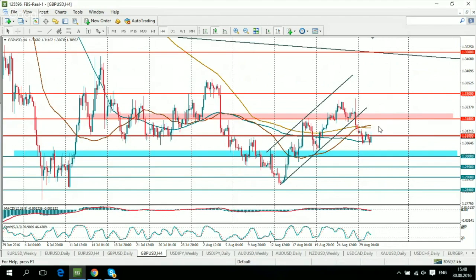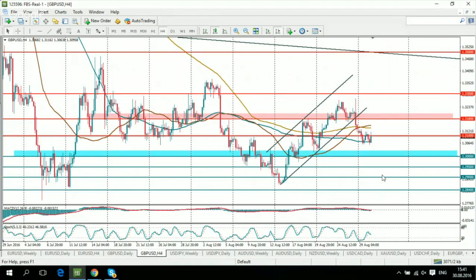So look for an increase to 1.3180 to build new short positions, but be careful with your sell targets. Mind the 1.30 level and, as I have already told, the 1.29 level for the big moves in this currency pair.